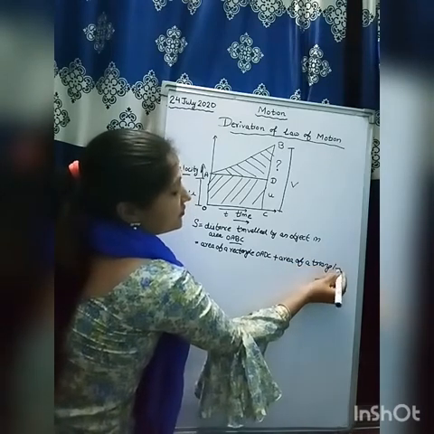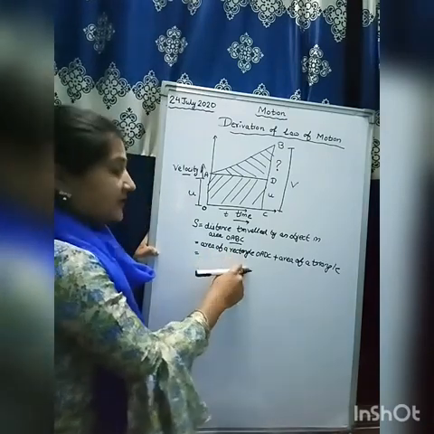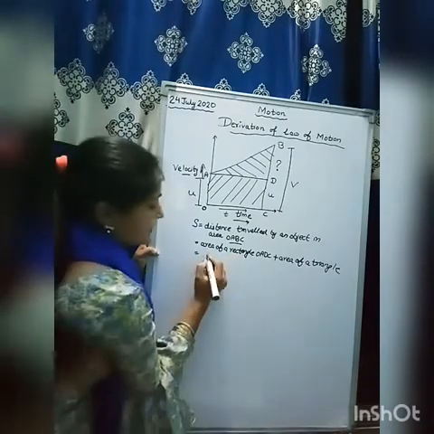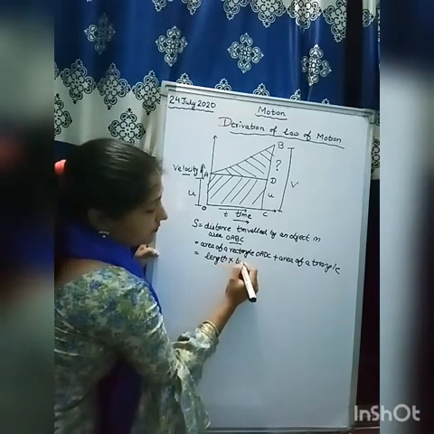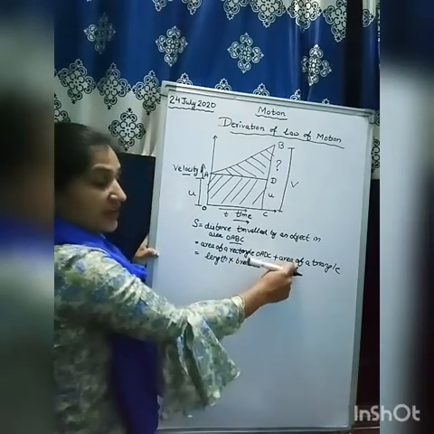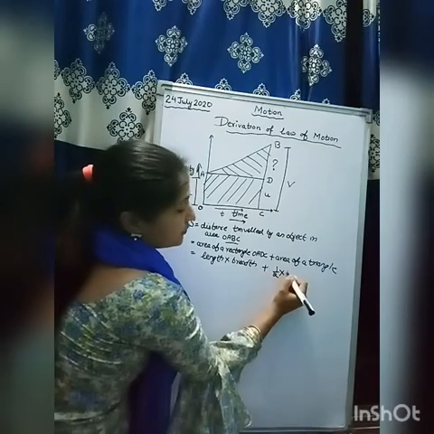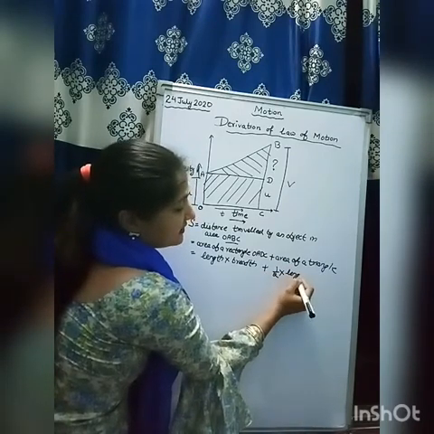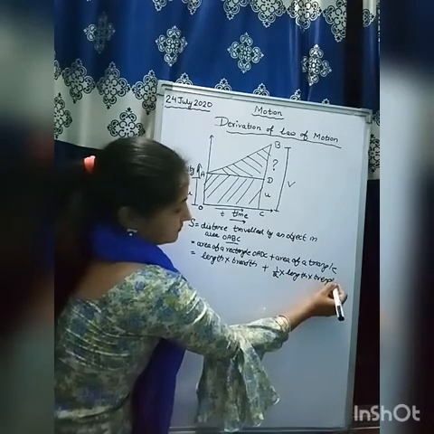What is the formula for the area of a rectangle? The formula for the area of a rectangle is length into breadth, plus for the area of a triangle it is half into length into breadth.